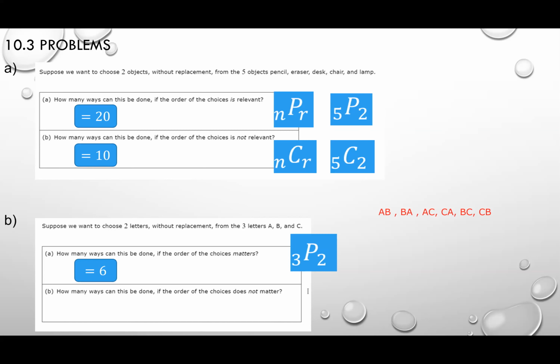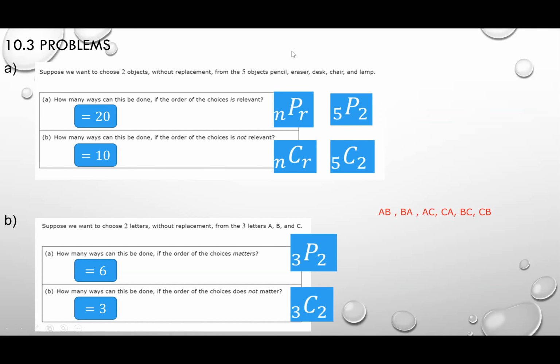And vice versa, if the order doesn't matter, meaning this is my combination, which is 3C2, there's only 3. Why only 3?